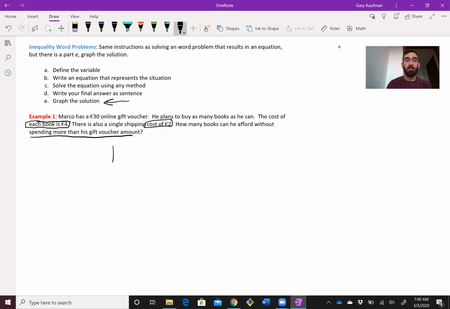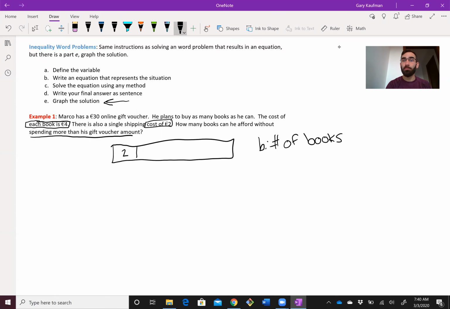So here's my diagram. Well, it's $2 for shipping. I'm going to define B as number of books. Well, okay, $4 per book, so 4B.